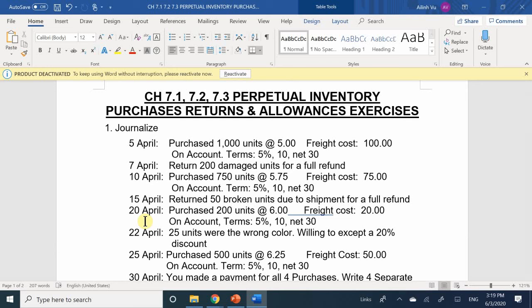Now, before we calculate that, what happened on the 22nd of April? They returned 5 units for a 20% discount. Did we really return the 25 units?